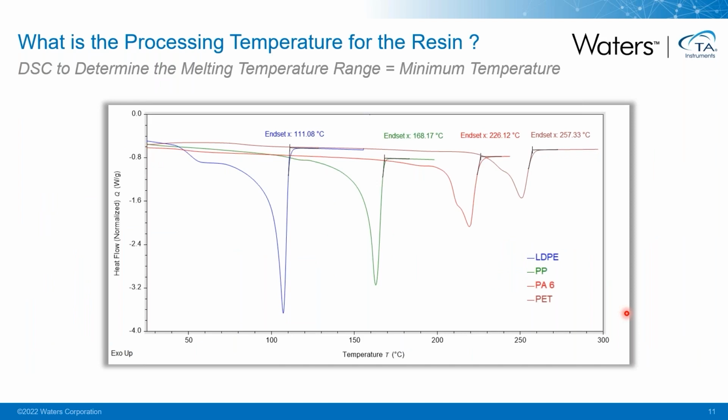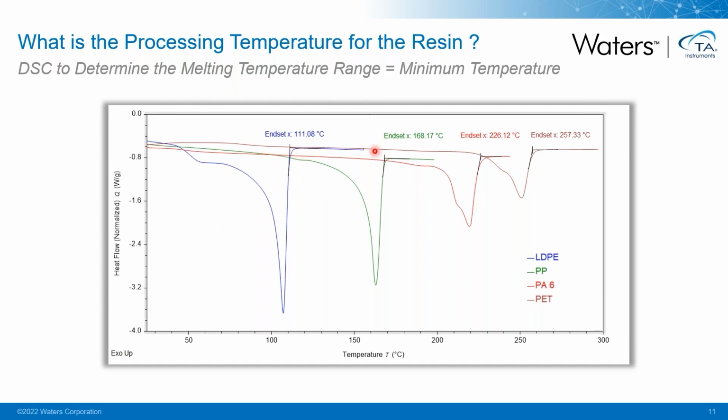Now, DSC can also help us a lot in determining what is the processing temperature for the resin, because obviously the sample needs to be molten before you can process it, and DSC allows us to determine the melting temperature range. Here you see such a measurement for different types of polymers.